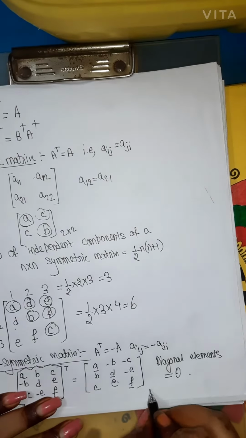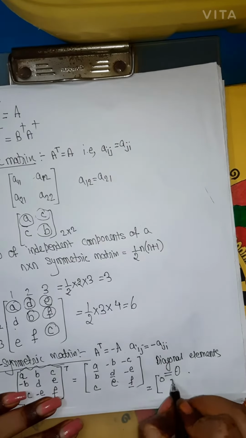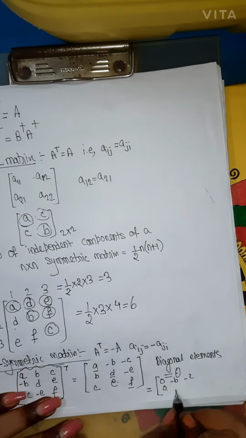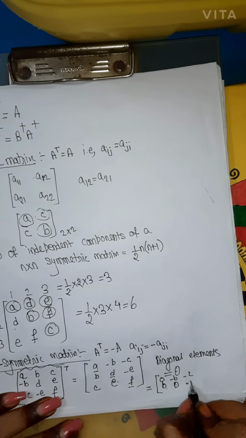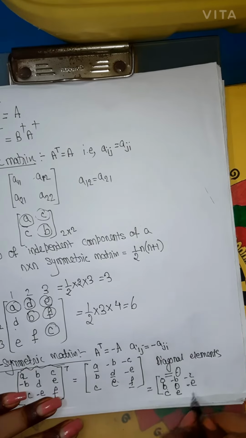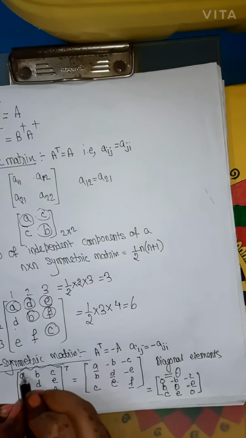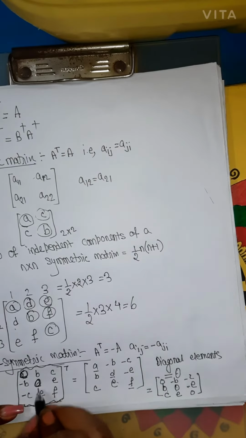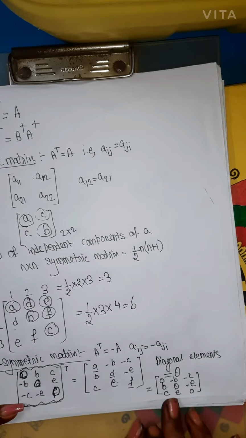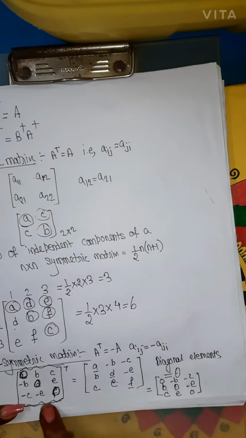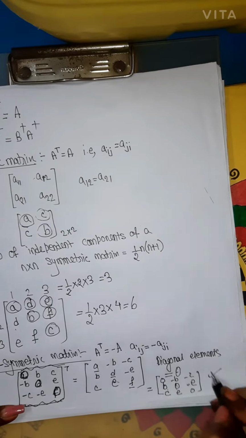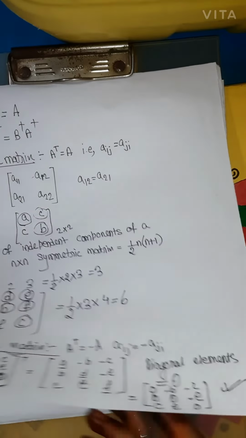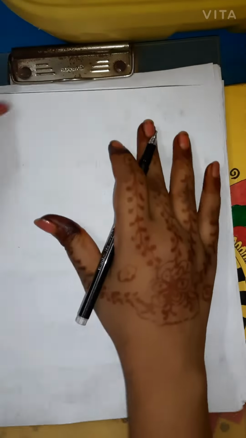So if we reduce it to 0, we will have 0 minus B minus C, B 0 minus E, C E 0. And for A matrix we would have this. So now is it minus of A? Yes, it is. So the problem is solved if we take the principal diagonal elements as 0. Always it will be 0.